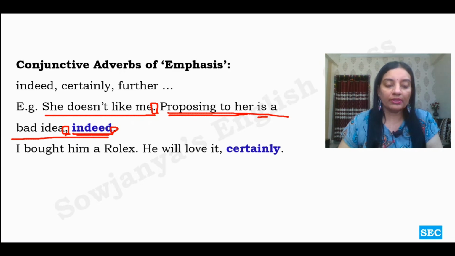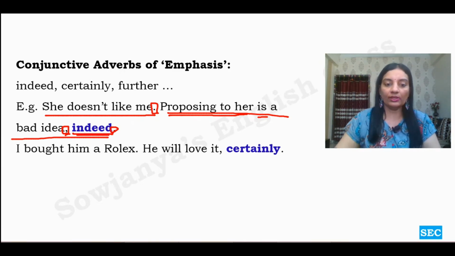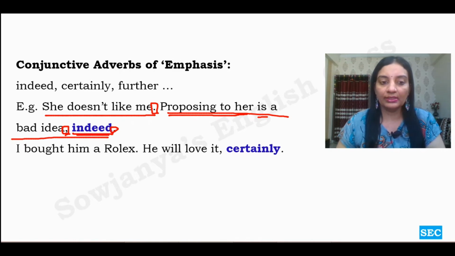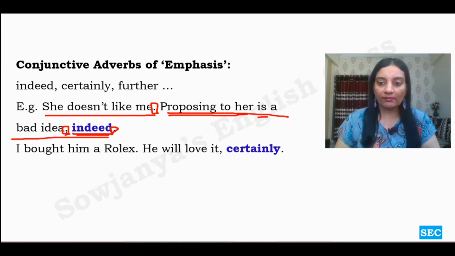I bought him a Rolex. He will love it. Certainly. Certainly, in the sense that you are giving emphasis on the idea conveyed over here. I bought him a Rolex, a simple sentence followed by a full stop.